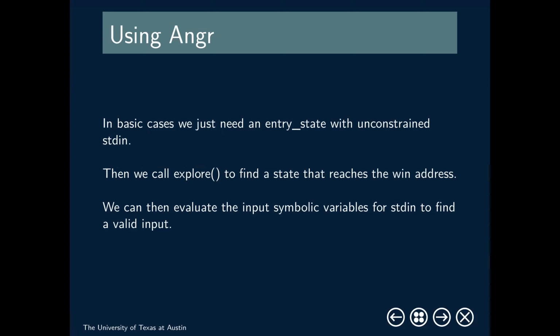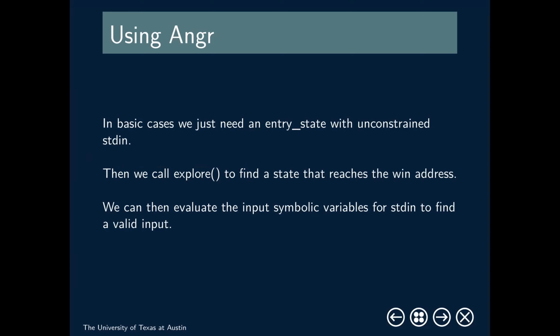So in basic cases, we really just need an entry state with an unconstrained standard in. This will essentially say, okay, there's some string that's being passed into standard in, and we are calling main. And then we call the explore function, which is just going to do the CFG walk until we find our win address.